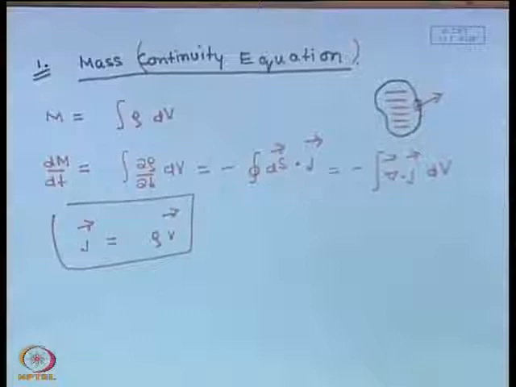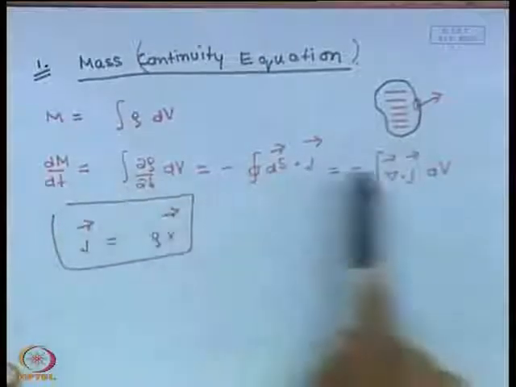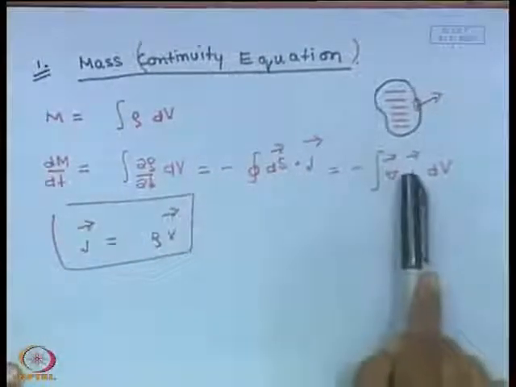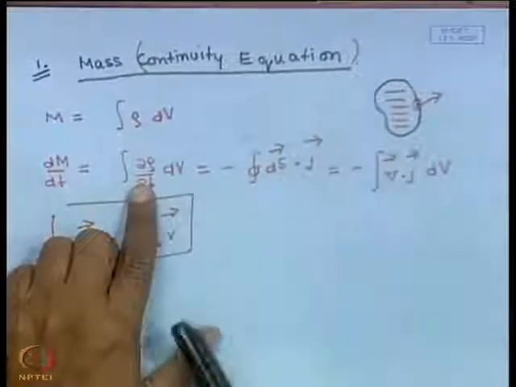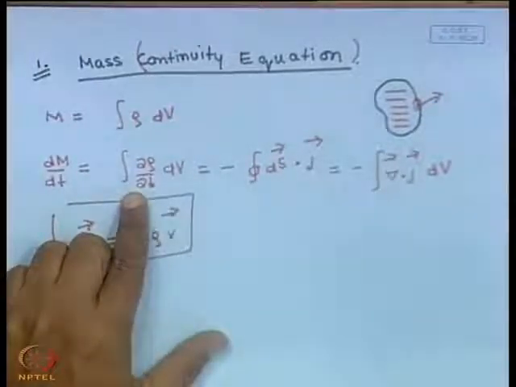And if I now equate the left hand side with the right hand side, I have two volume integrals, one on the left hand side and the other on the right hand side, and these two should be equal. So, it tells me that the integrands should be equal.